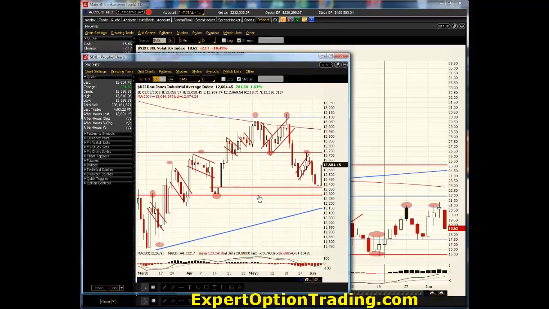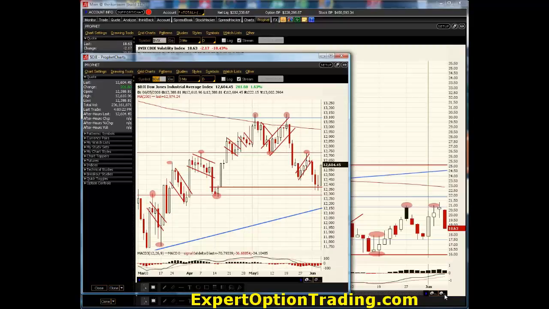And that's all I'm trying to get across. Is that support and resistance points are extremely important. Identifying continuation patterns such as a flag is very, very important. And then using that information in conjunction with the volatility index, the VIX, specifically, to determine the probability of future price movements.